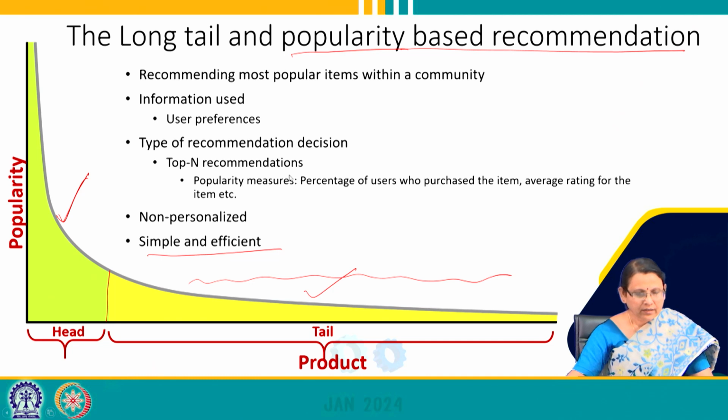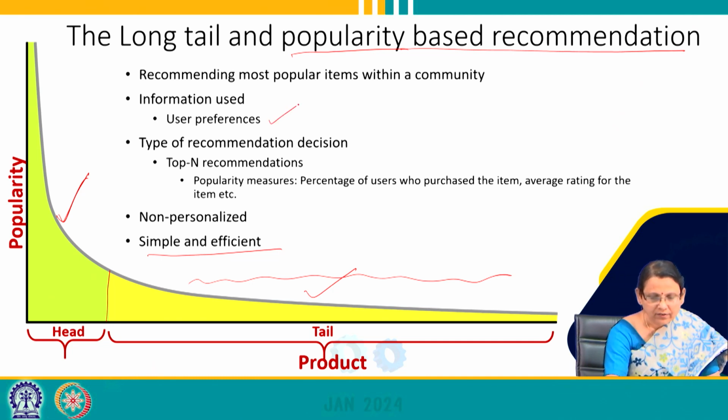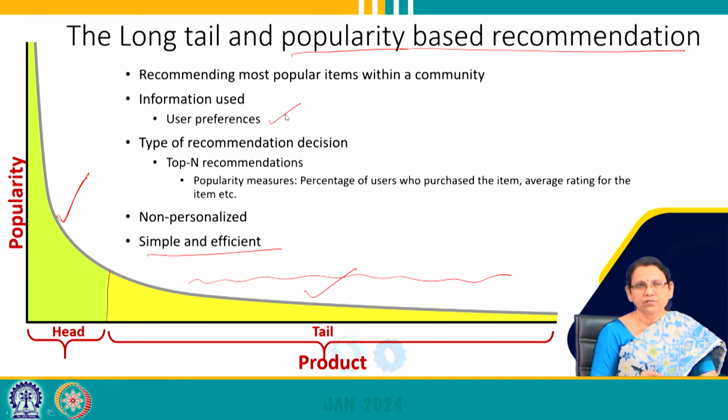So, here user preferences, as I told you, can be directly collected or maybe indirectly in an implicit way it can be collected. So, more people watch this item, more popular they become. Sometimes even some of the items which are typically not very recent also become popular.